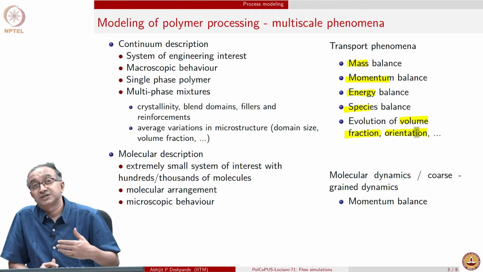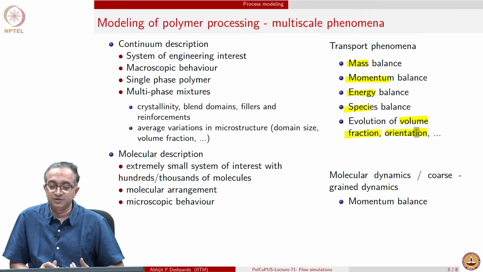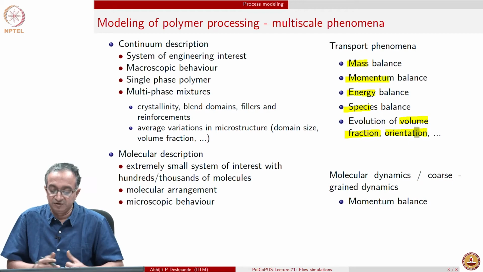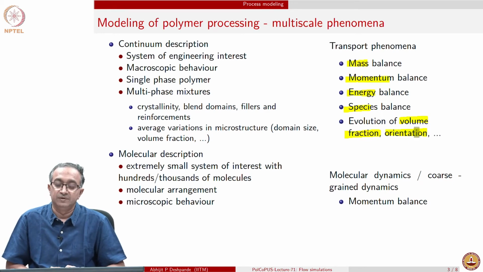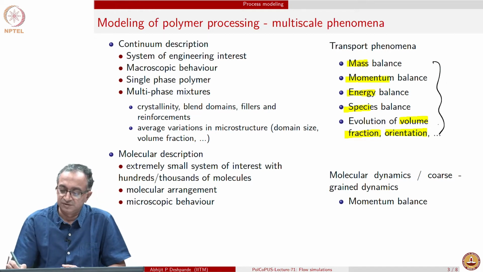We may also be interested in knowing the orientation of macromolecular chains, and so generally we can first write down and then solve many of these governing equations. And this is again based on the continuum approach.